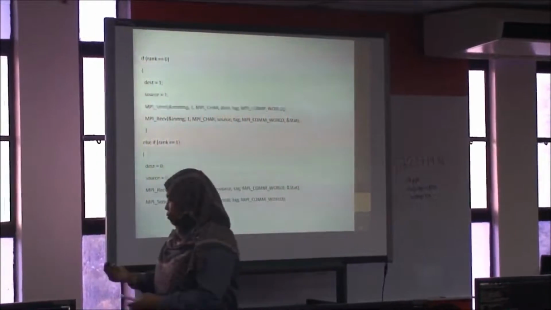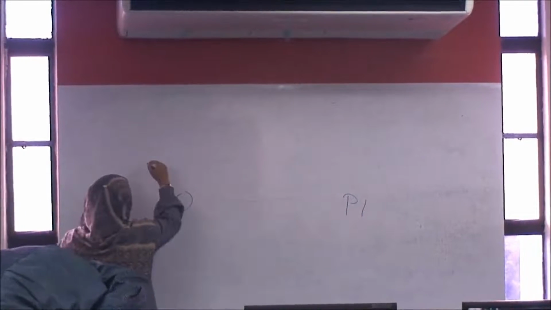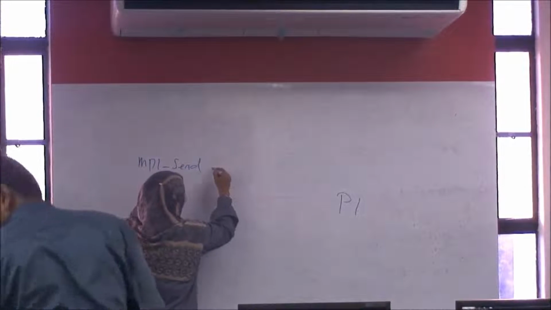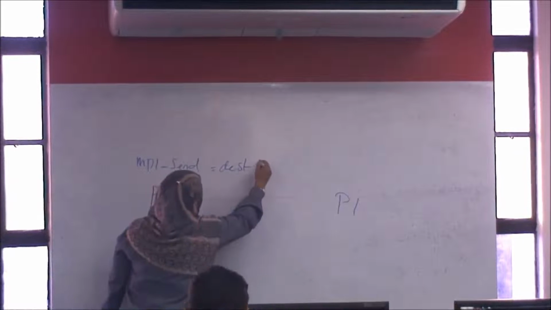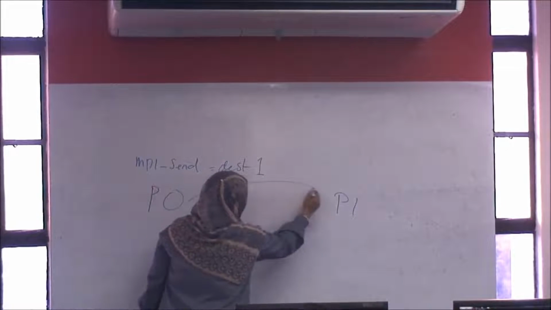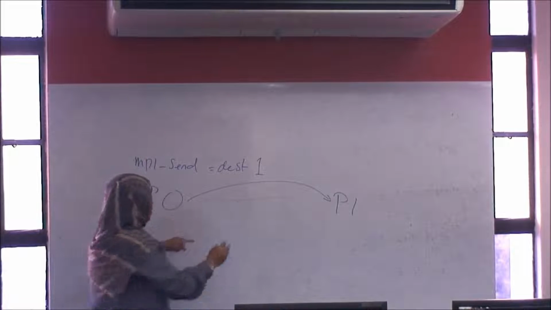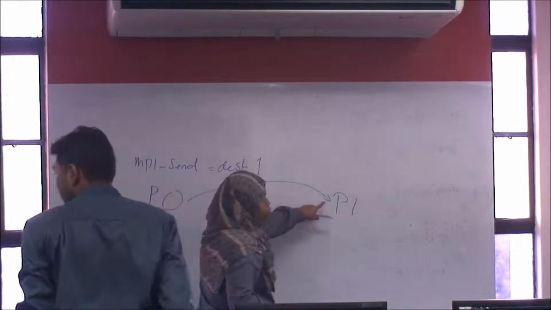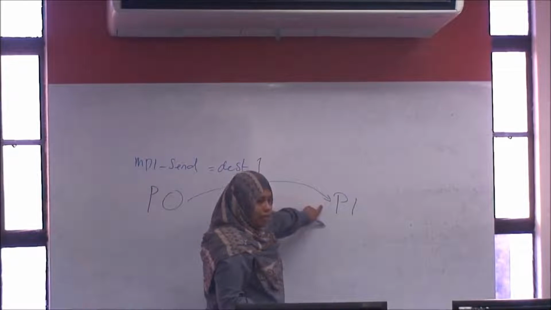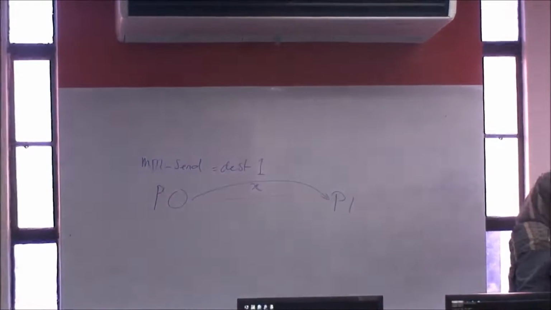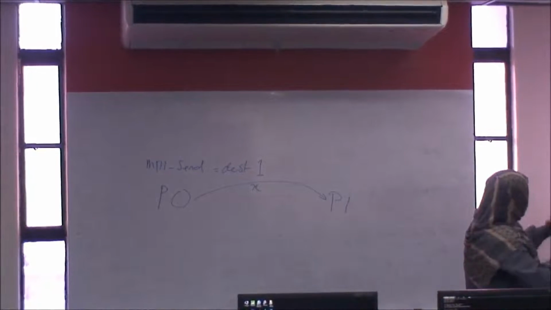So what happened here? Okay, process 0, process 1. MPI send, the destination is 1, so it will send here. When we execute MPI send, the X will travel to 1. To make 1 receive this X, it needs to run MPI receive. In MPI receive, everything is the same.